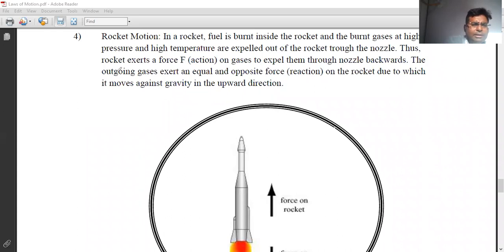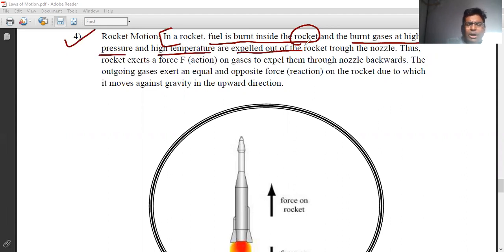Now look at another example, rocket motion. In a rocket, fuel is burned inside the rocket, right? And the burnt gas at high pressure and high temperature is expelled out of the rocket through the nozzle. Thus, the rocket exerts a force F, the action, on the gas to expel it backward through the nozzle.